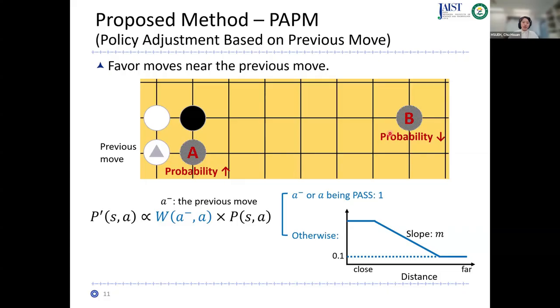Another move B, since it's far from the previous move, the probability will be decreased. The adjustment was achieved by reweighting those probabilities, using a function that looks like this. It has a parameter of slope m to control how the distance will influence the adjustment.